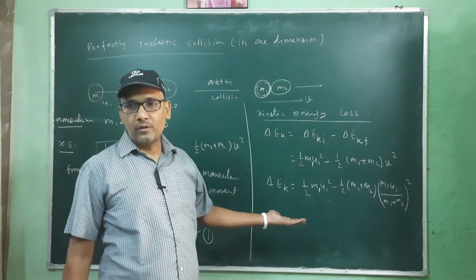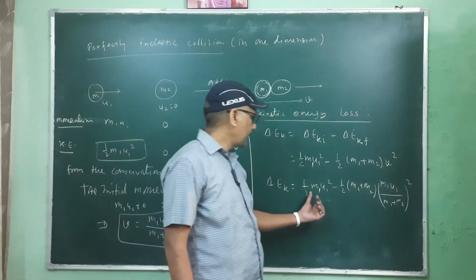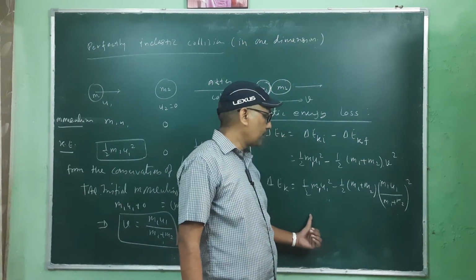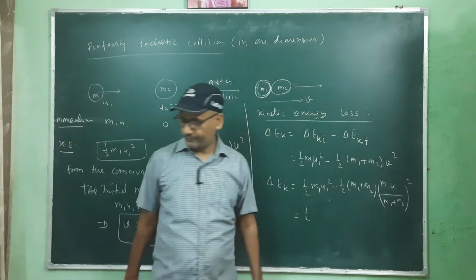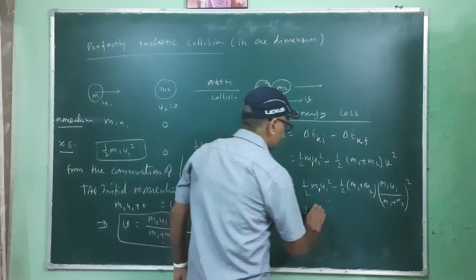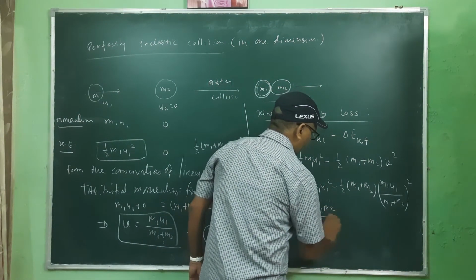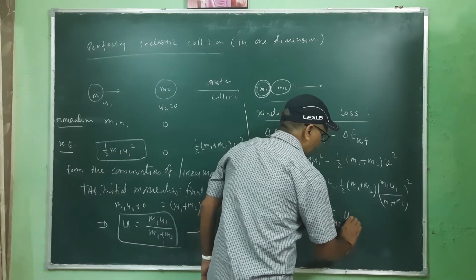Okay, so we can do some simple mathematics. Just take half u1 square common, and the final result is m1 m2 by m1 plus m2 multiplied by u1 square.